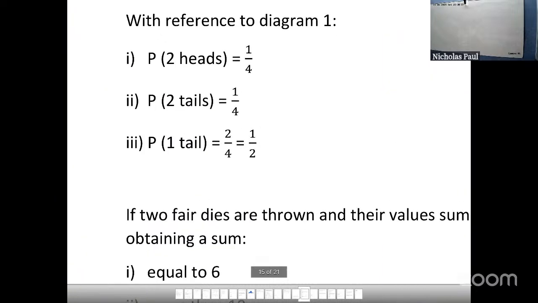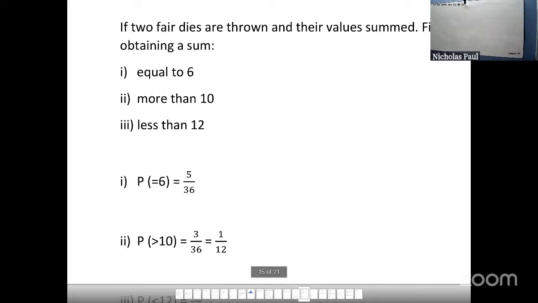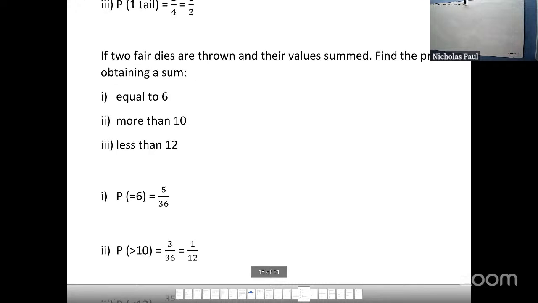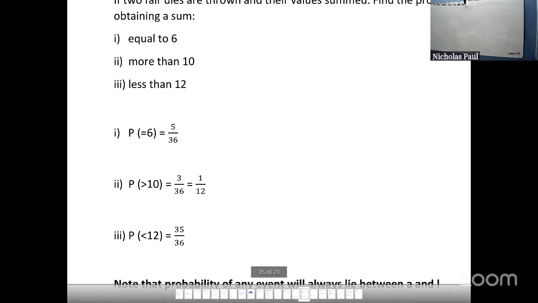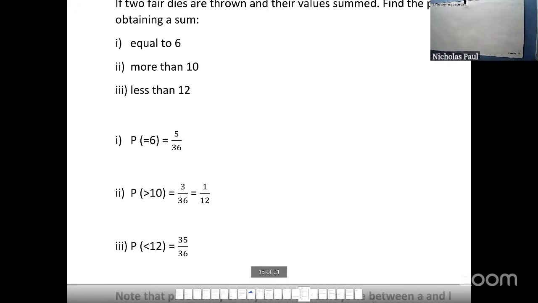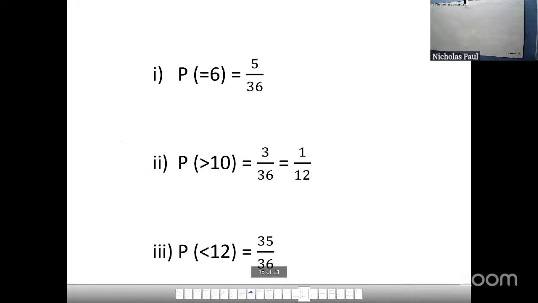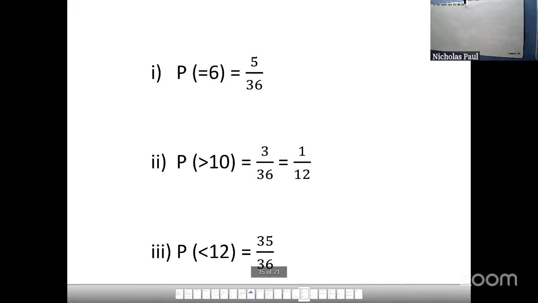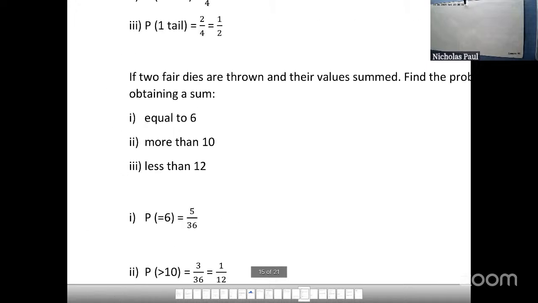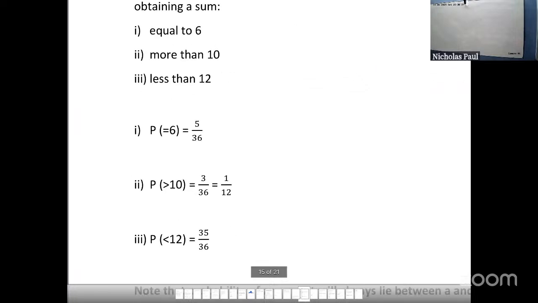That was from the first diagram that we did. If two dice are thrown, we did this one, just check back the answers and make sure you agree. Two dice are thrown and the sum equals 6, more than 10, less than 12.